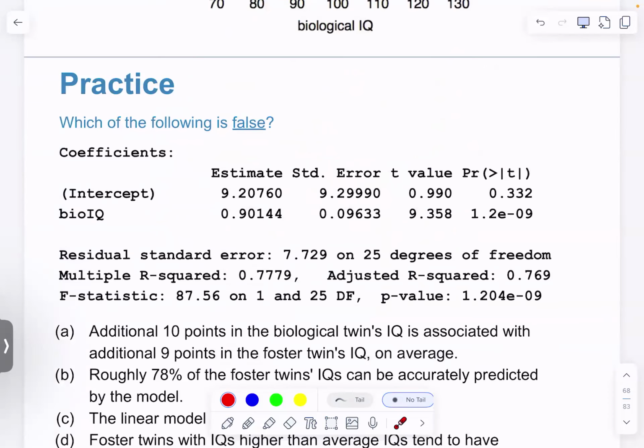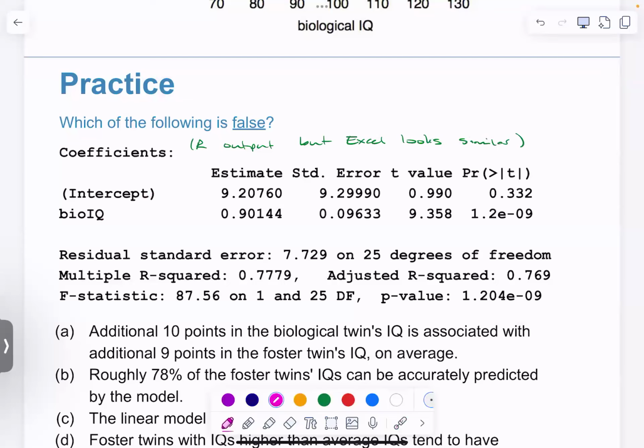Now, Excel makes slightly nicer output. So this is our output, but Excel looks similar. So we're going to have the intercept and the x, right?